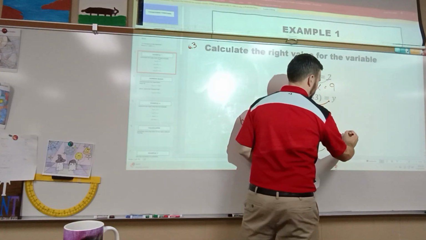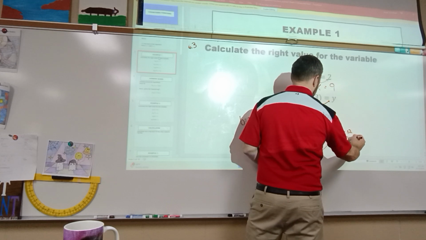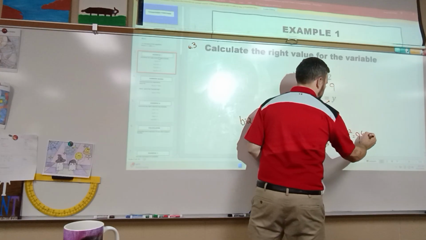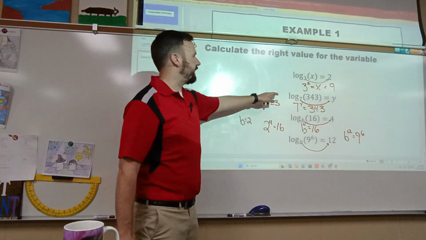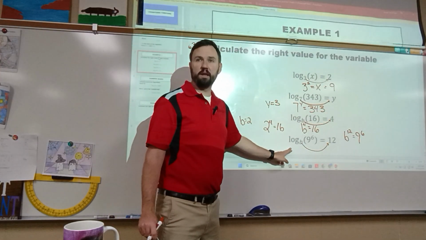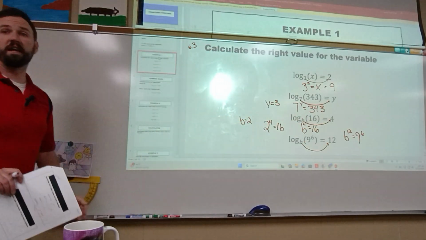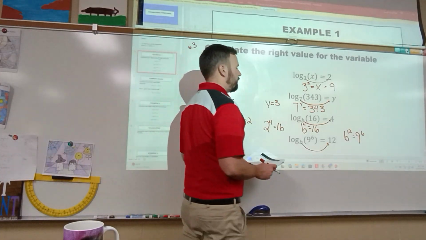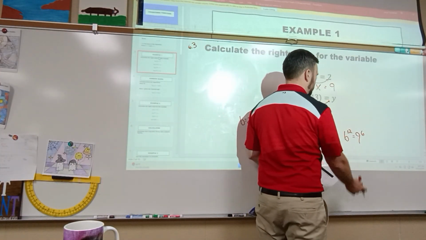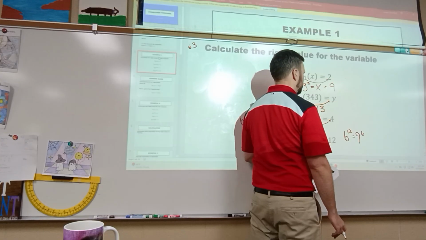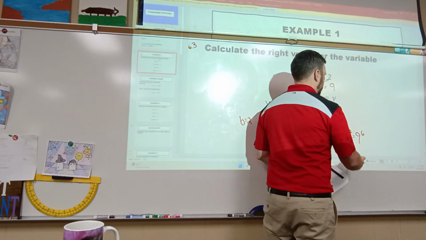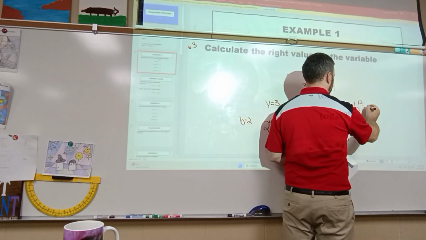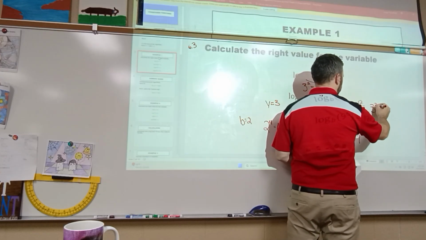B to the 12th equals 9 to the... The most important thing right here is, do you guys recognize how I'm getting this first step every time? That's knowing a lot about logs, if you can see that. Now, how in the world am I supposed to do that? Is 9 a perfect square? Yeah. Could I rewrite that as 3 squared?